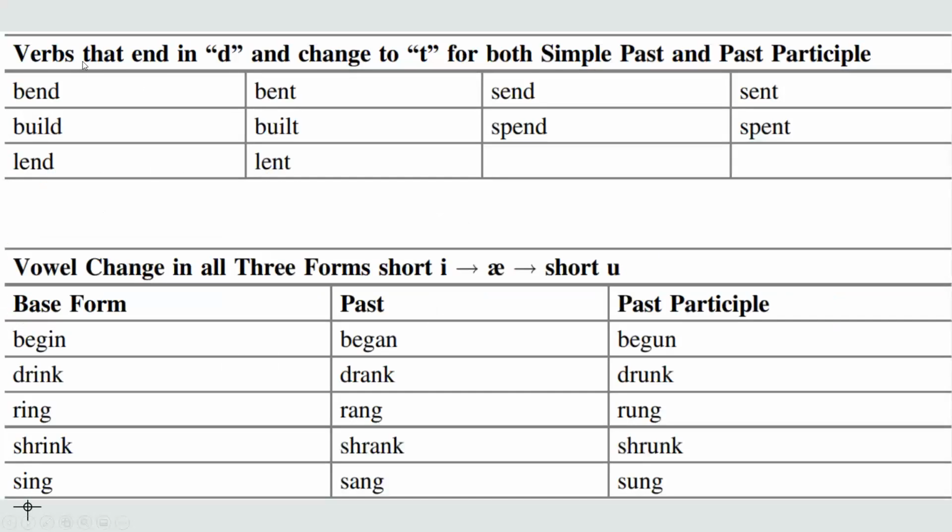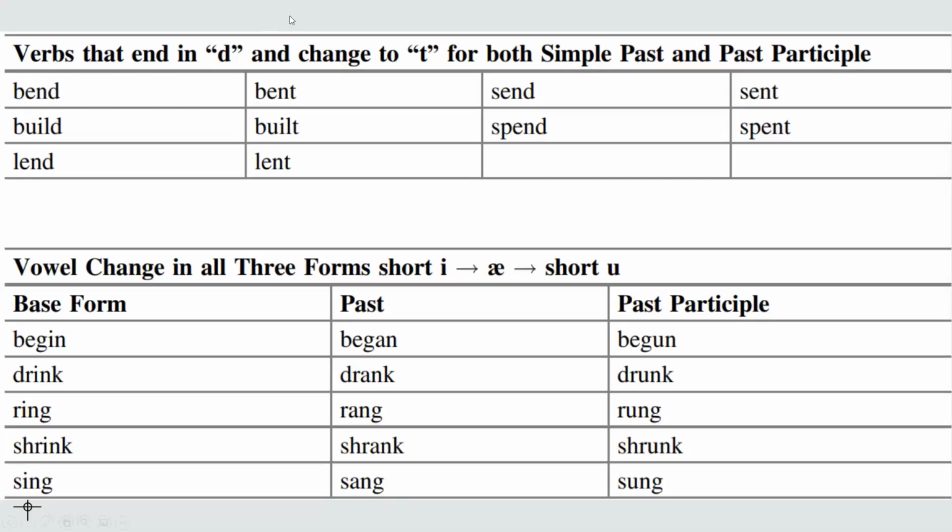But here we have verbs that end in D and change to T for both the simple past and the past participle. Example, bend, bent, bent. Build, built, built. Lend, lent, lent.